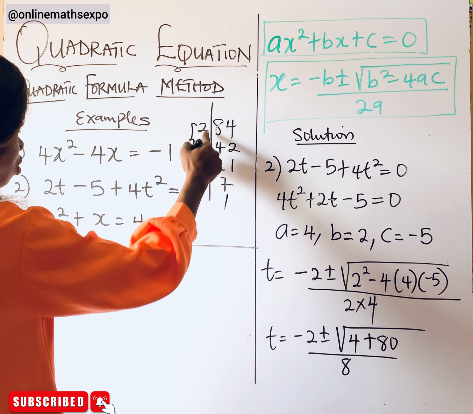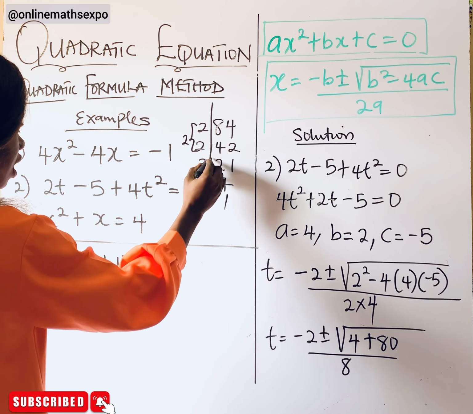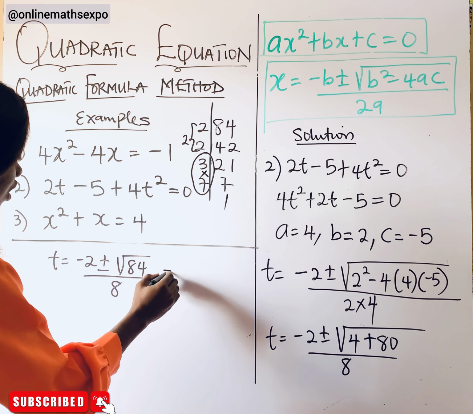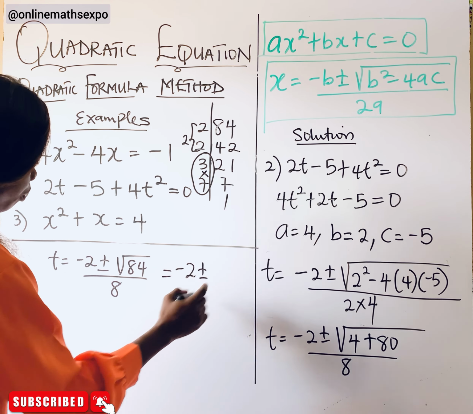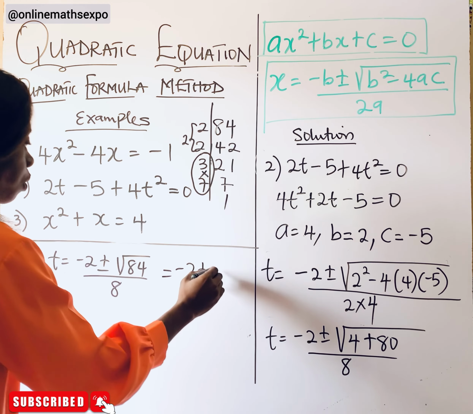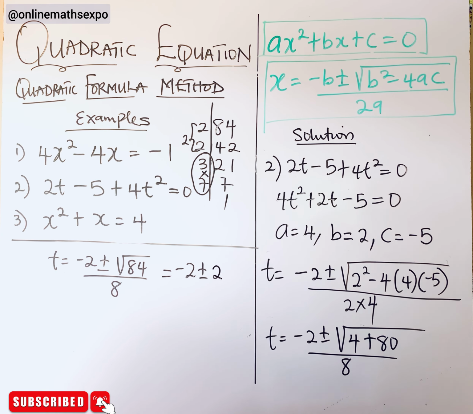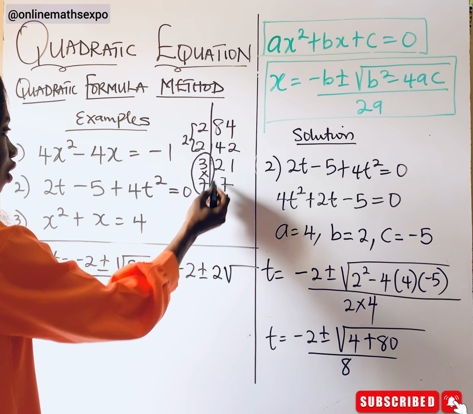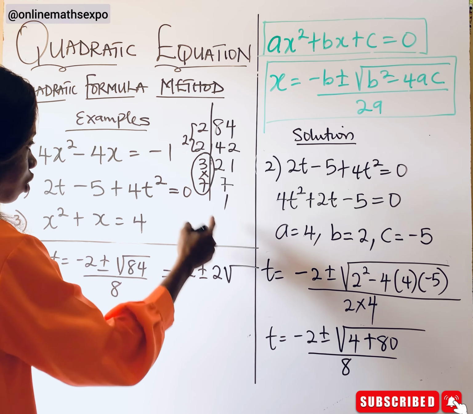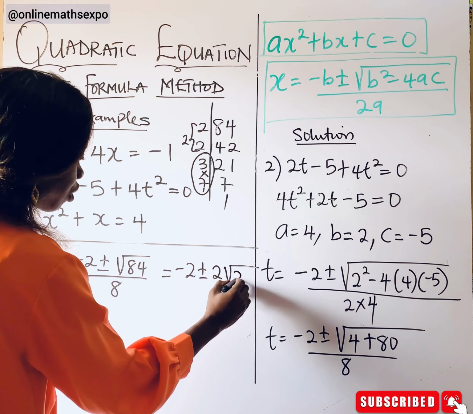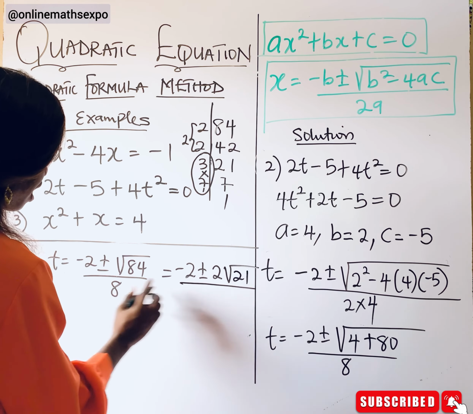The one that appeared 2 times, you take 1. You see that these ones did not appear 2 times, so we're leaving them. So we are having -2 plus or minus, for this one we picked 1, so that one will be outside. Then introduce your square root. These ones that don't have something to pair with will remain in the root. We multiply them together to give us 21 all over 8.